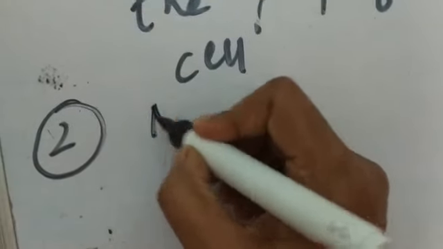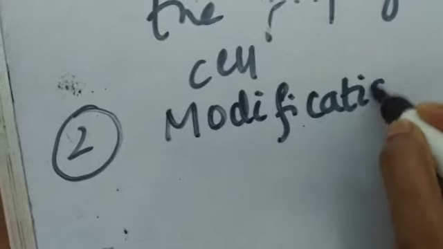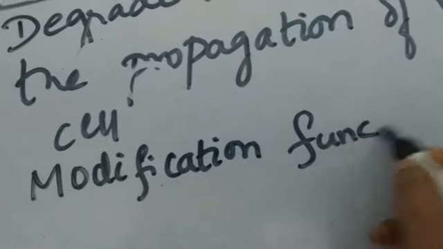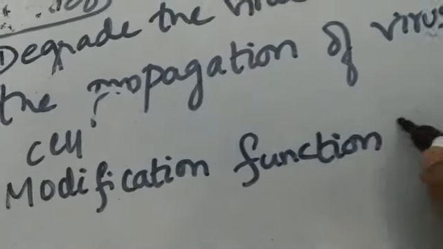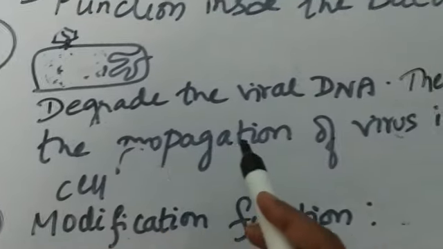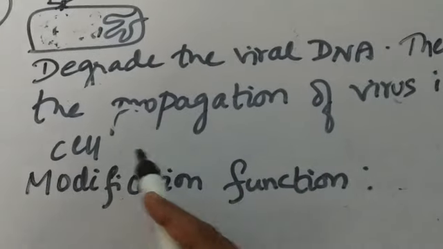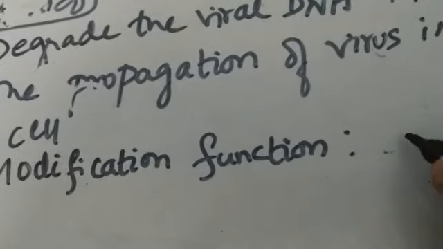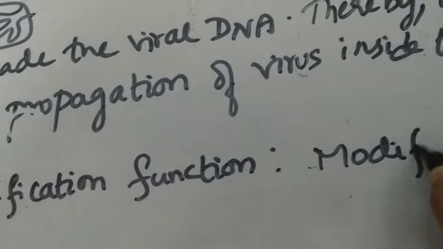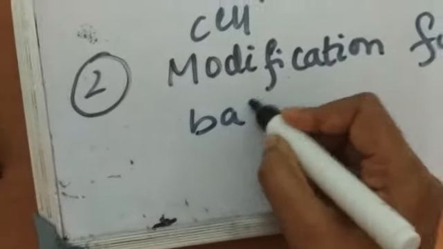Again, that is due to the modification function of the restriction endonuclease. The same restriction endonuclease which is able to restrict the propagation of the virus inside the bacterial cell also modifies the bacteria's own DNA.